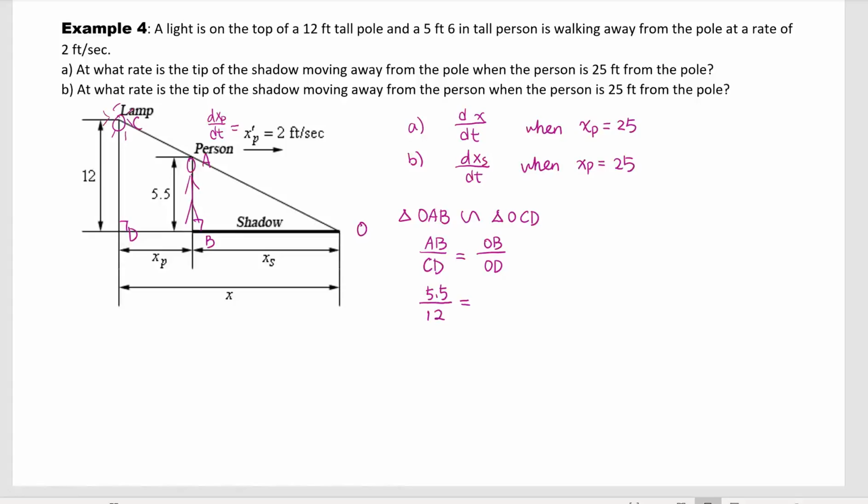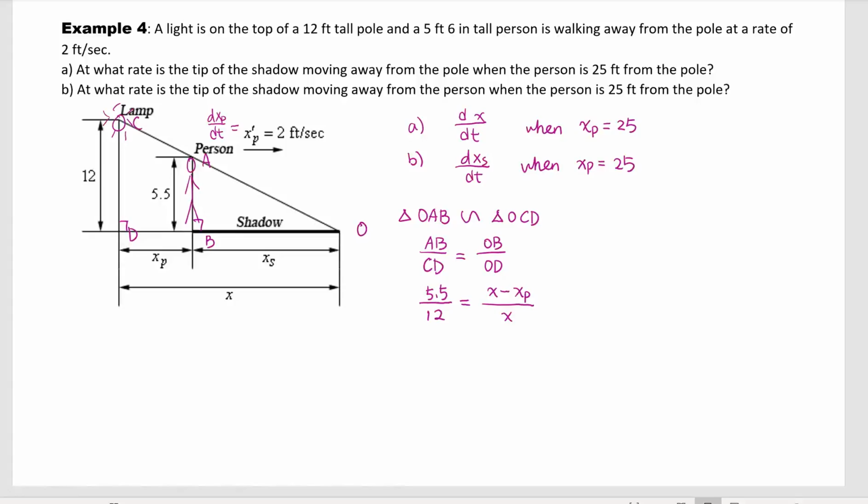What is OB? Well, OB is xs, right? That's not what we want, but it's okay. What is xs? xs is actually x minus xp. What is OD? OD is x. Wow, so we have the relationship between them.